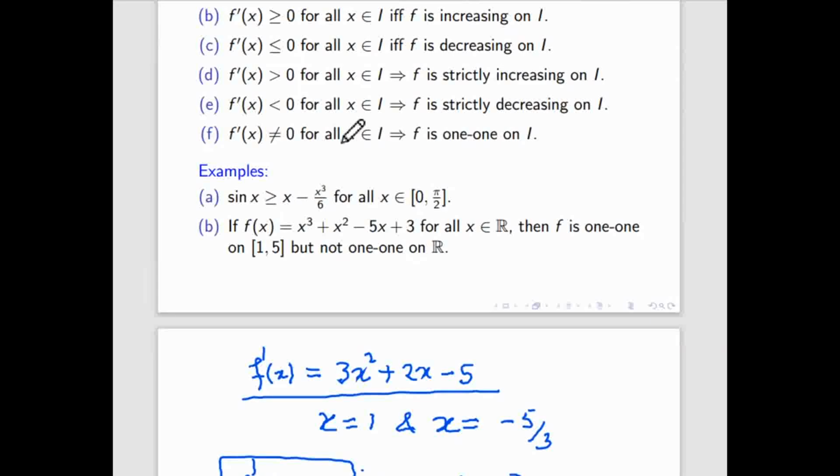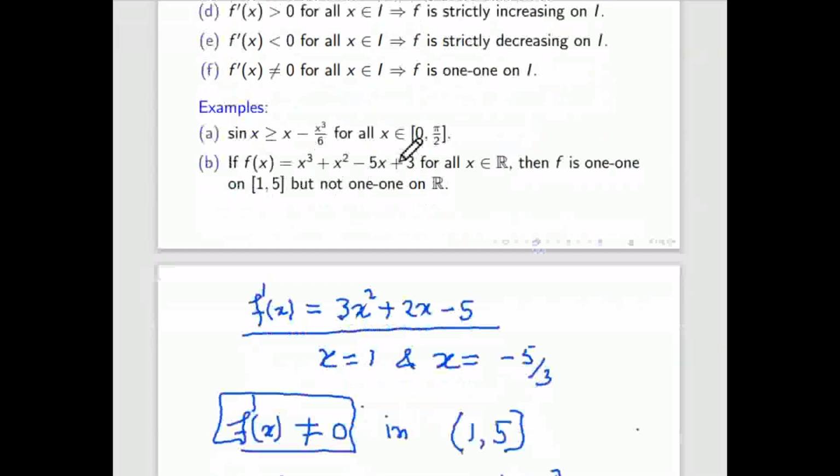It is true on one side only. In the open interval 1 comma 5 including 1, if f dash is 0, there is no problem. If it is not equal to 0, then only we'll say it is one-one. But if it is 0, we cannot say anything. If it is one-one, the derivative can be 0 or non-zero, but if it is non-zero, then definitely it is one-one.